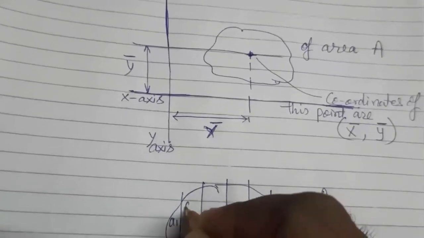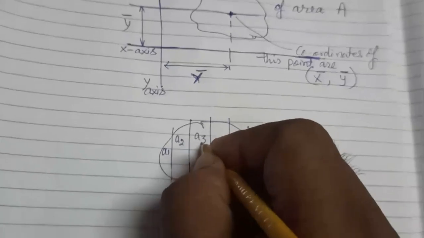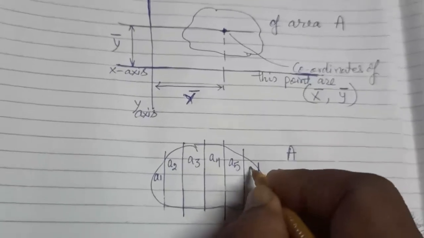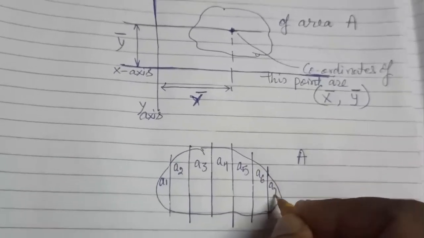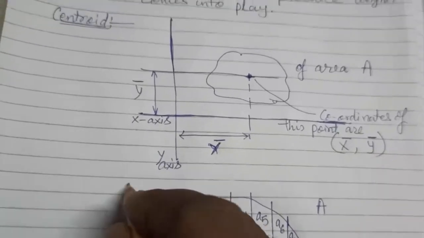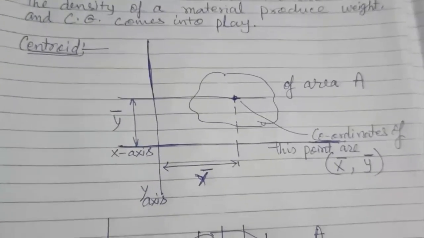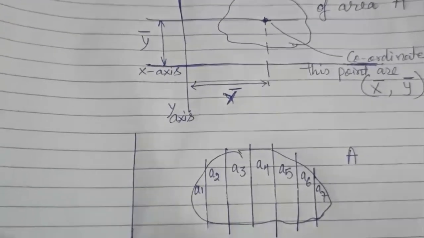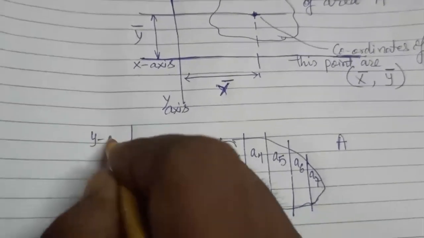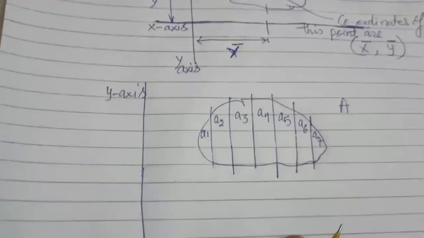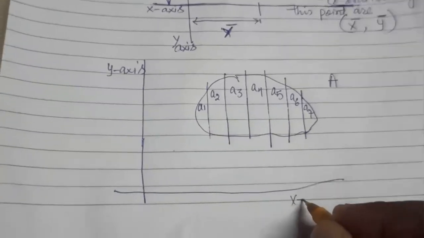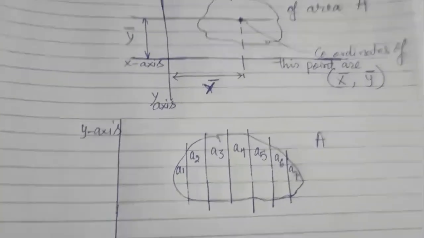Suppose this is A1, this is A2, this is A3, this is A4, this is A5, this is A6, A7, and this is the reference line, y-axis, and this is the reference line along x-axis.